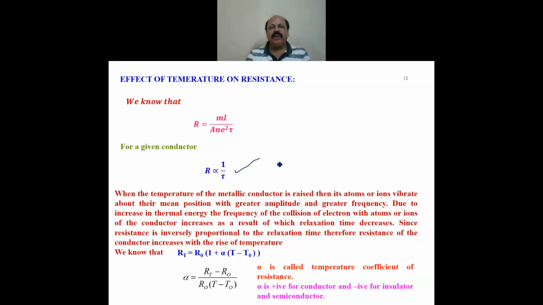So when temperature of the metallic conductor is raised, then its atoms or ions vibrate about their mean position with greater amplitude and greater frequency, due to which thermal energy increases and the frequency of collision of electrons which are drifting towards the positive end of the conductor with atoms or ions of the conductor increases, as a result of which relaxation time decreases.